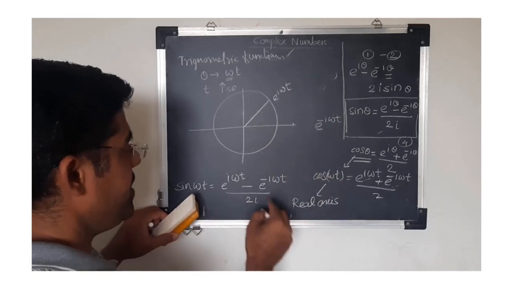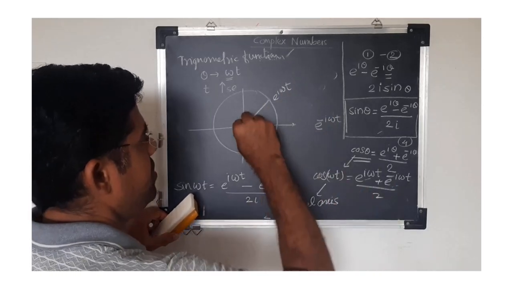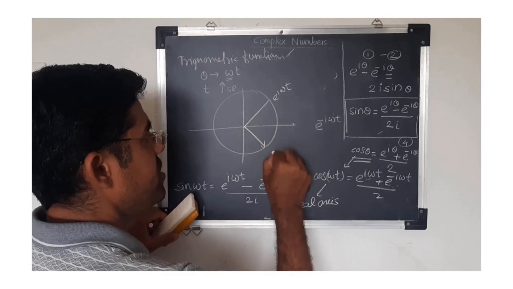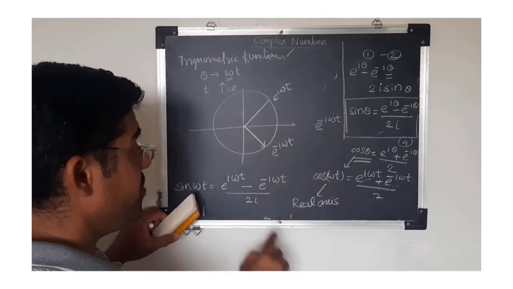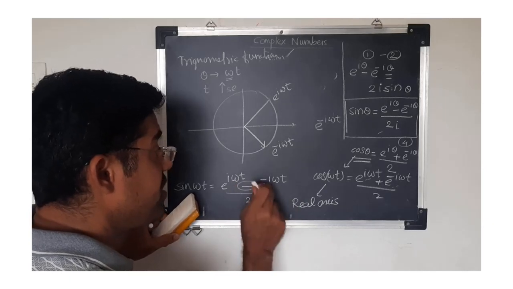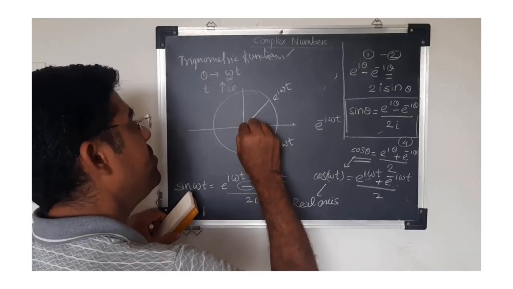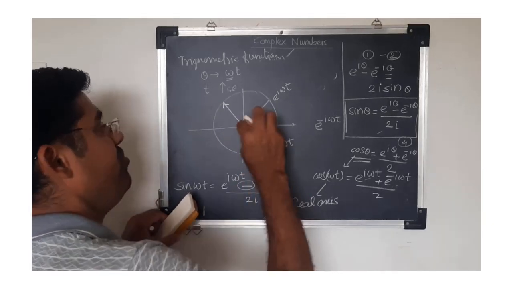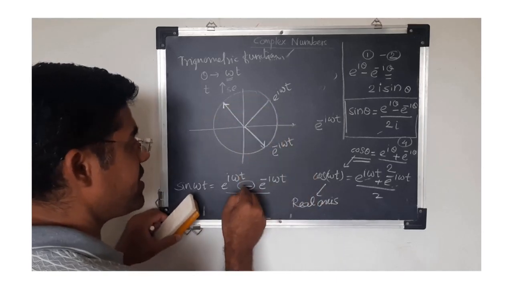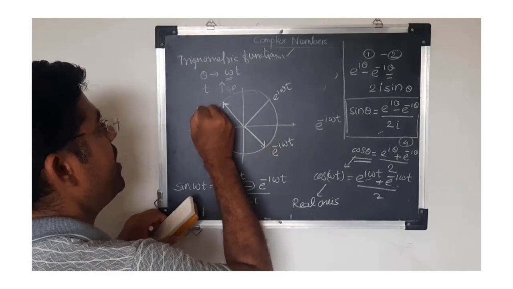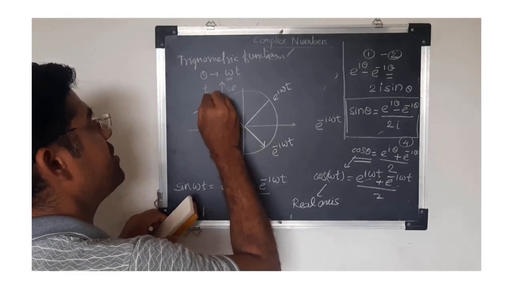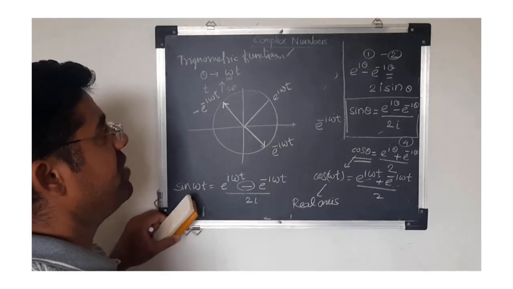Suppose e raised to minus i omega t is here, but we require minus e raised to minus i omega t, so that becomes here. Magnitude is the same, only direction is opposite, so that will be minus e raised to minus i omega t.